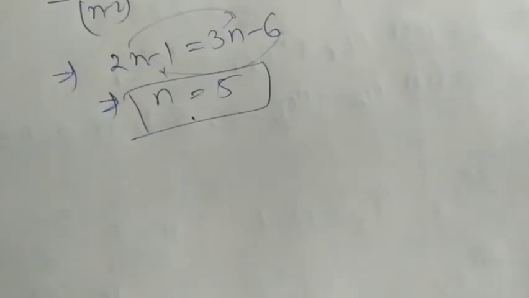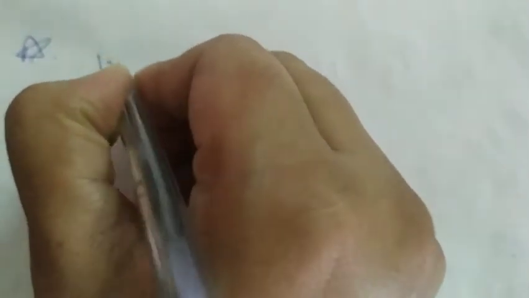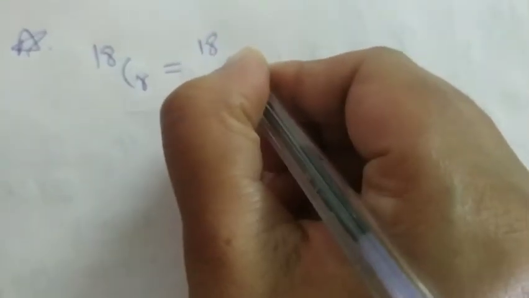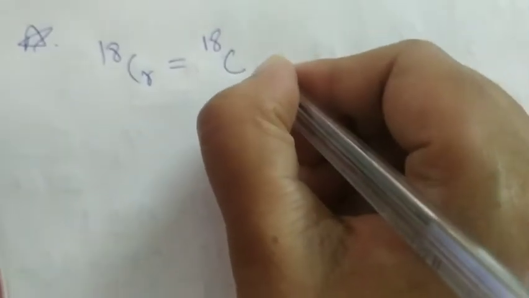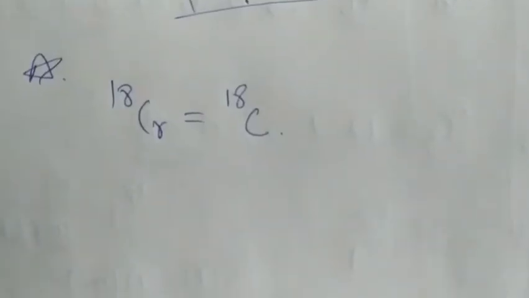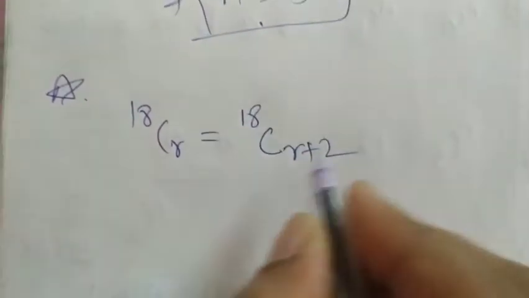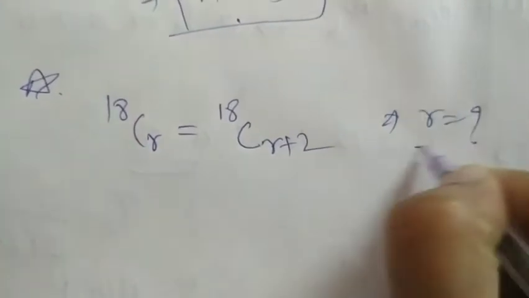This is our result. Now suppose that I am given that 18Cr will be equal to 18C(r plus 2). Now what is the value of r?